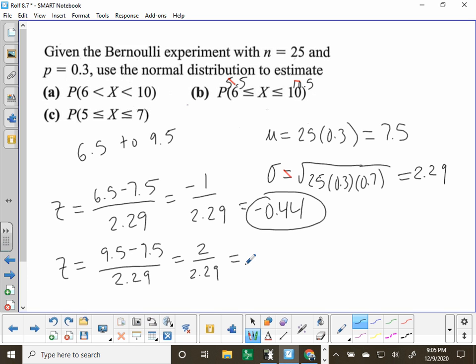Off to the side here, 2 divided by 2.29 is 0.87. So we get 0.87.